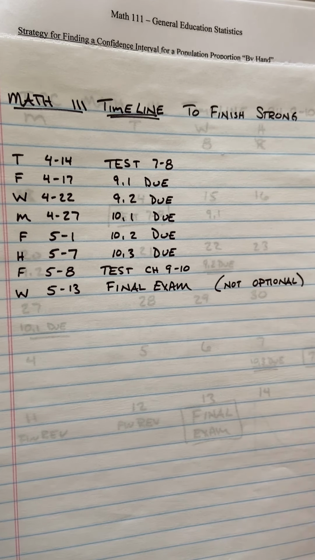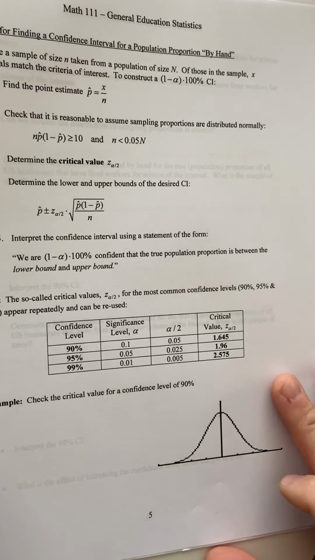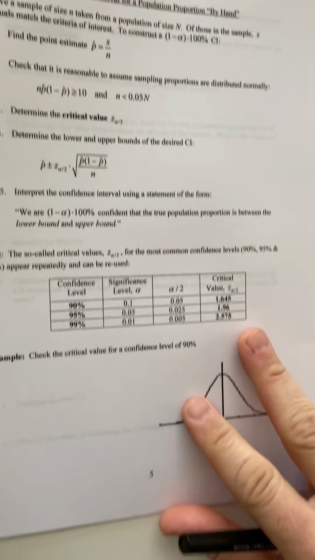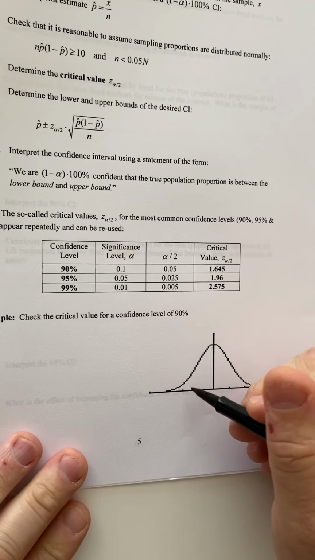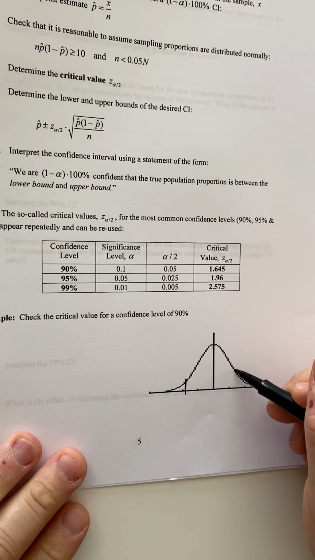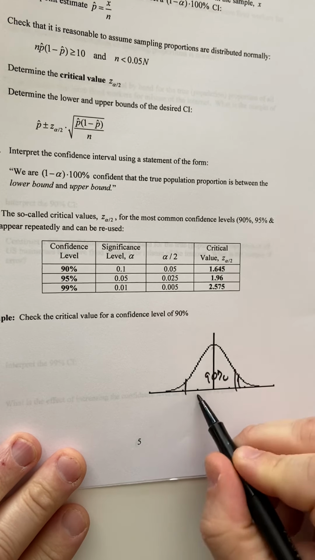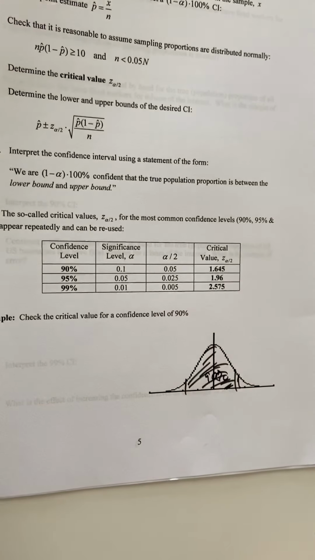Okay, some of you have had questions about problems like page 5 of your notes. So here's a brief description of page 5, especially here at the bottom. We're talking about confidence levels now, and a confidence level of 90% means 90% of the area will live in this zone.